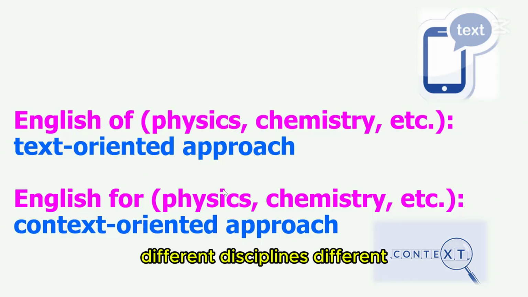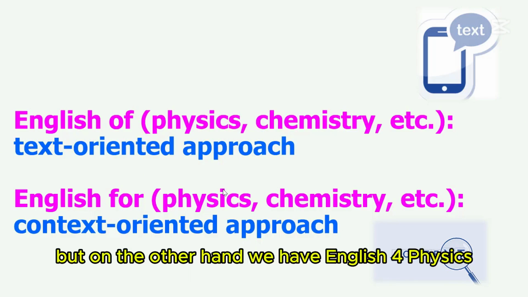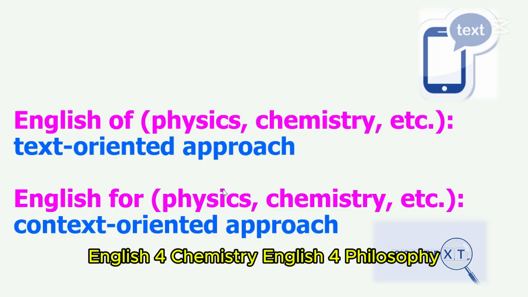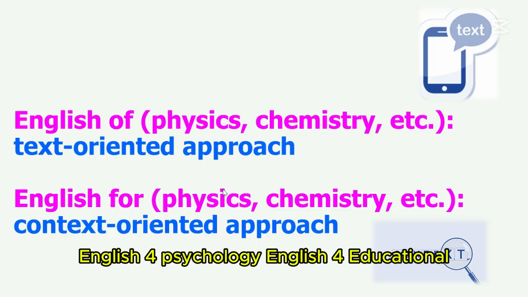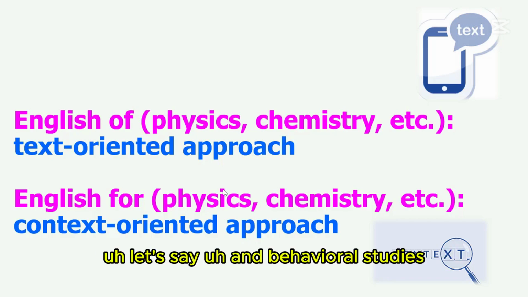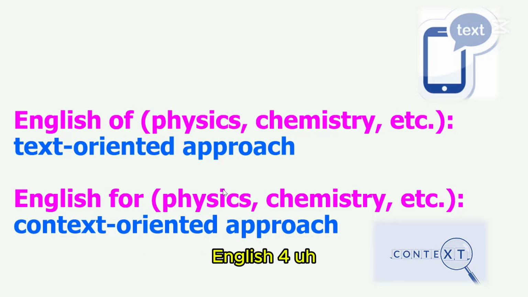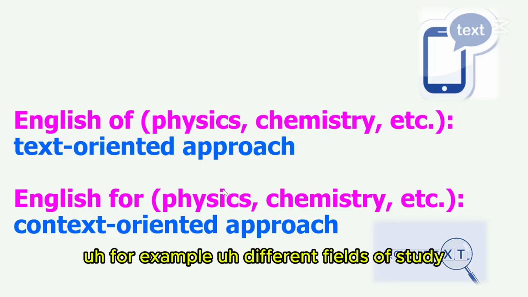But on the other hand, we have English for physics, English for chemistry, English for philosophy, English for psychology, English for educational and behavioral studies, for example, different fields of study.